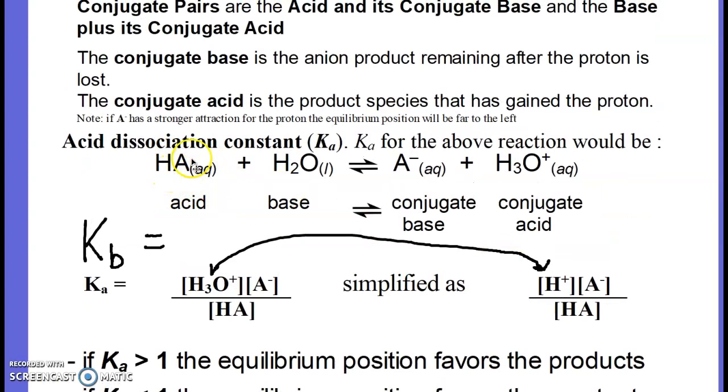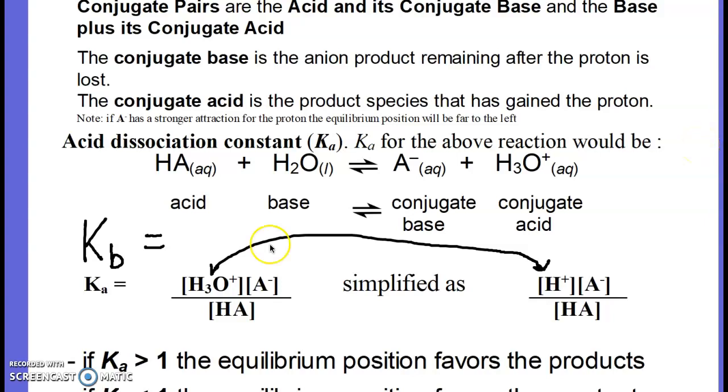We have our generic HA, plus our H2O. We leave that H2O out because we're not worried about the concentration of that. You can see we can simplify it even more. We have our concentration of the reactants, just our HA, and on the top, we leave out the water. There's water on both sides. There's water everywhere. This is all aqueous. On the top, we have the concentration of our products. So we have our H3O plus, simplified to H plus, and our anion concentration of those.